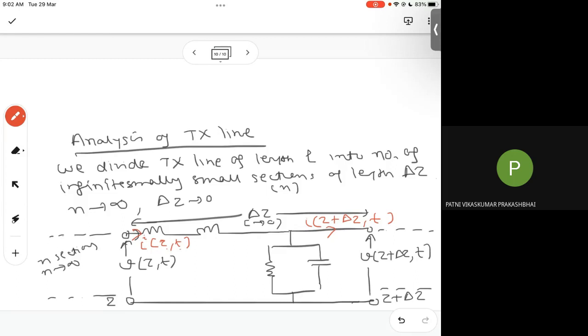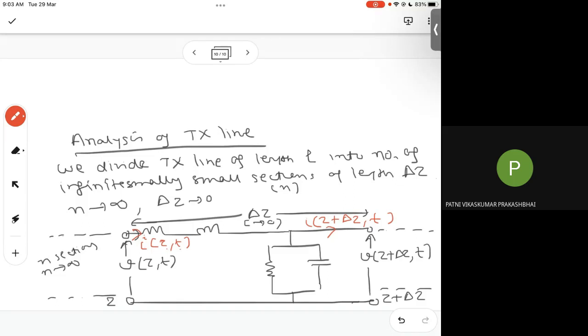Now, what is the advantage I'm getting? At every point my R, L, C, G are changing. But if I've taken a very, very small section, that means in that small section my R, L, C, and G are constant. And that will make my task very easy.